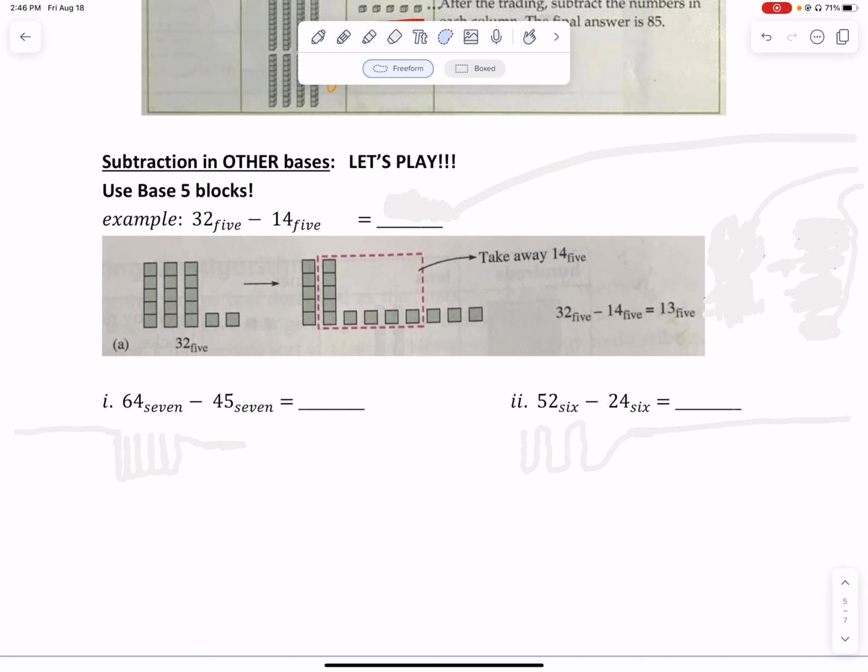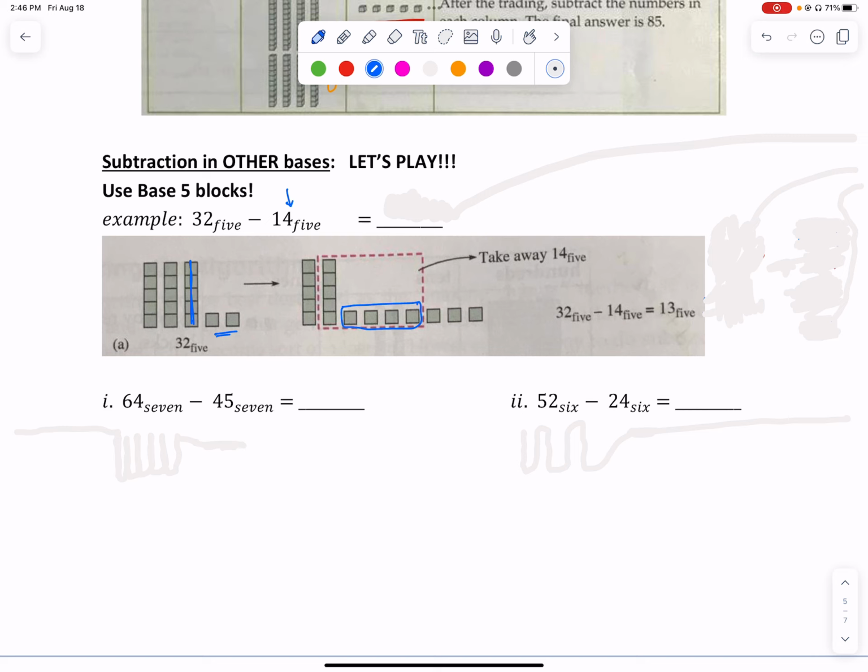Okay, so when I come over here and I need to take 4 of these away, which I do, what I'm going to do is break this down and add 5 little units instead of 10 because I'm in base 5.